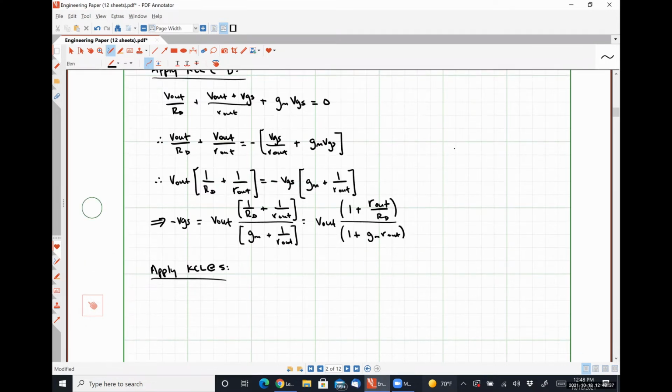So that's going to look like negative VGS over RS plus negative VGS minus VN over RN minus GM VGS minus Vout plus VGS over Rout is equal to 0.